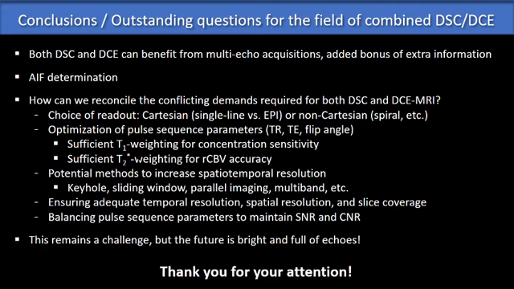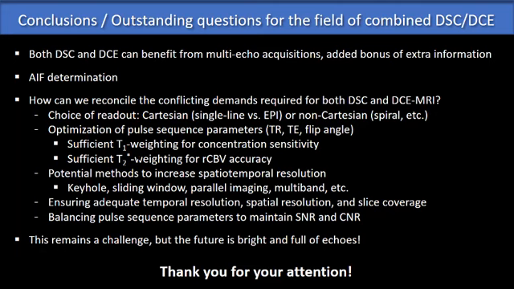And then also, what methods could we use to increase our spatial and temporal resolution? We've seen examples: keyhole, sliding window, parallel imaging, and multiband. So we will see what people can put together to give us the best of all worlds. And then also, how do we still ensure that we have enough temporal resolution?